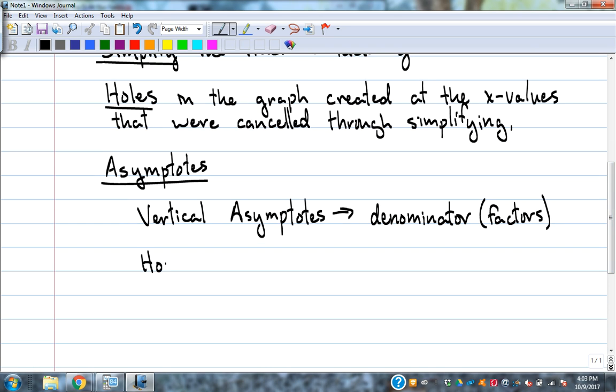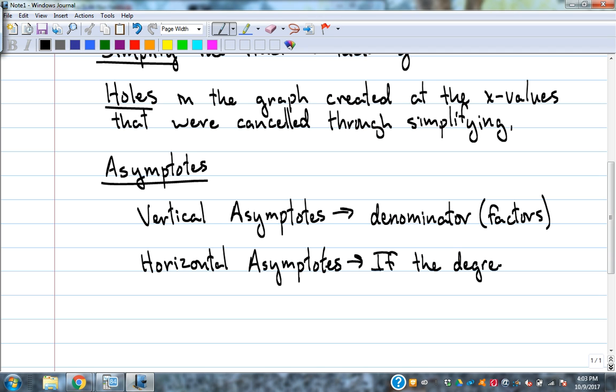Horizontal asymptotes, they don't exist all the time. They exist if the degree, what's the degree of a polynomial? Highest exponent.